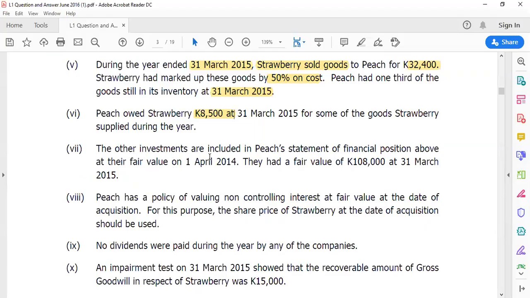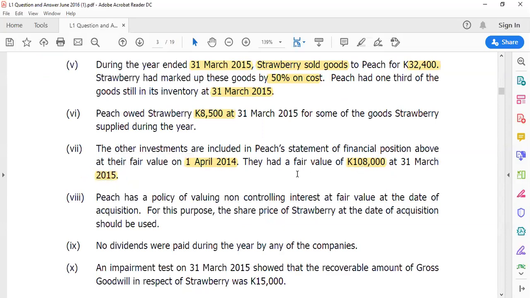The other investments are included in PC's statement of financial position above at their fair value on 1st April 2014. So in the SFP, that's the fair value at acquisition. At the date of report, they have a fair value of 108. So they gained some value.